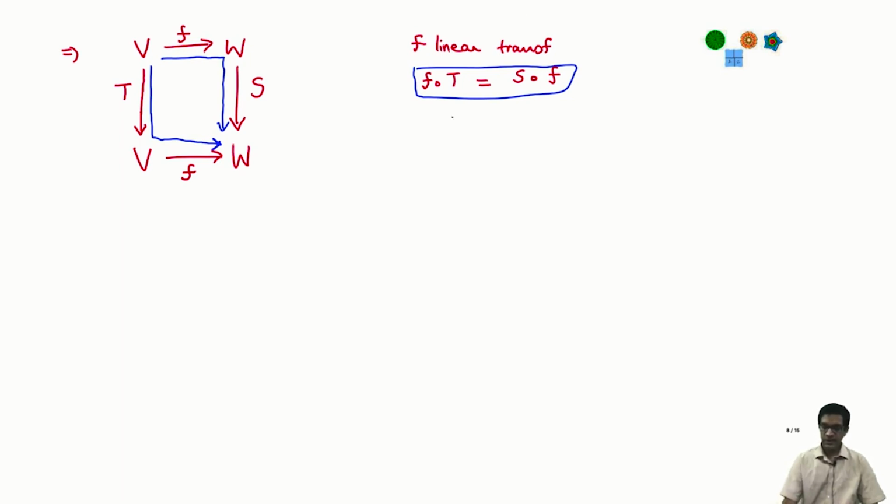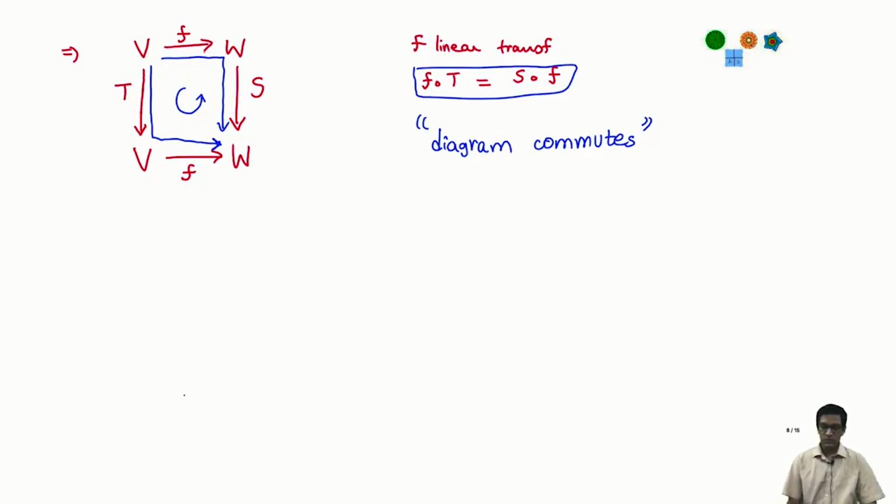This is a diagrammatic way of understanding such compositions. We usually say that this diagram commutes. When we say this diagram commutes, it just means that whether you go along one path or the other path, the answer is the same. And we usually put this little arrow here to say the diagram commutes.